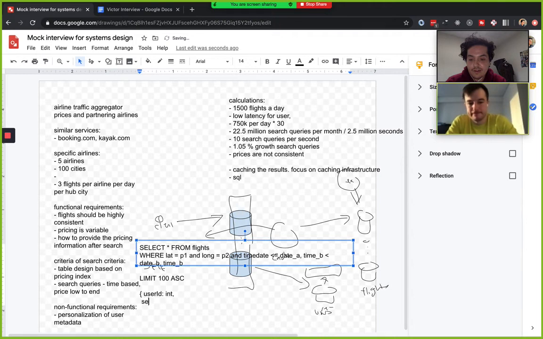Then we're going to have search query destination, departure. And then the most important part of this overall, there might be some more stuff, but the most important is geo, that array or maybe even tuple of lat and longitude.